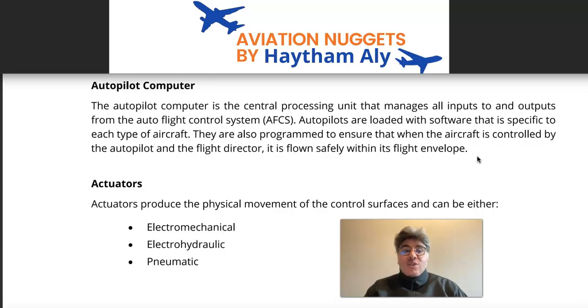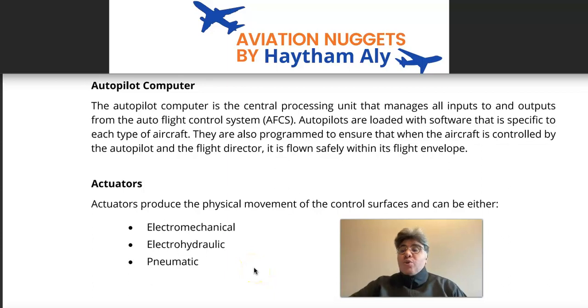So, what is the second component of the autopilot, everybody? It is the actuator or servo control that is attached to the flight control surface. The actuator produces the physical movement of the control surface and can be electromechanical, electrohydraulic, or pneumatic.